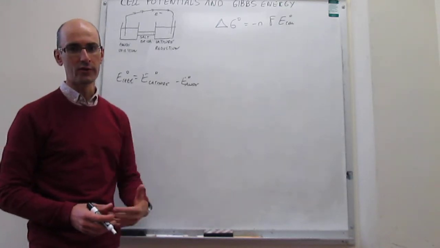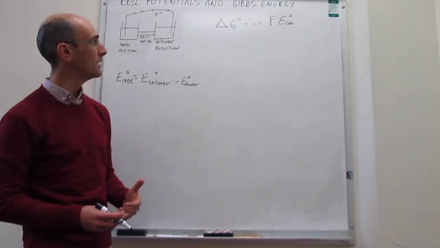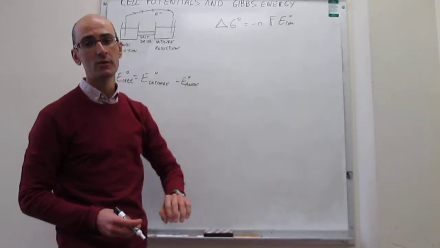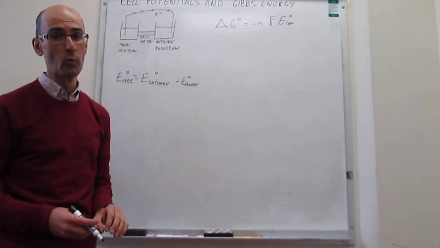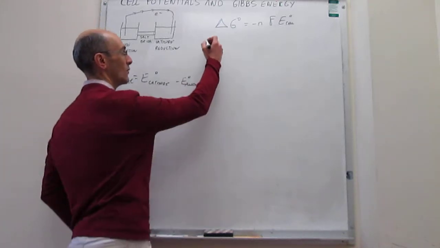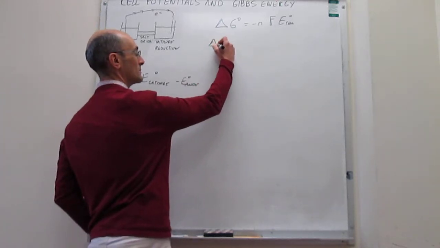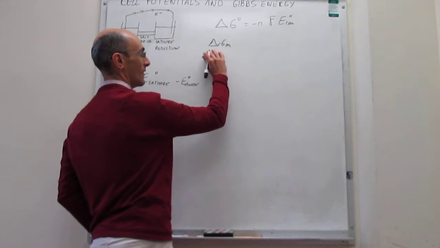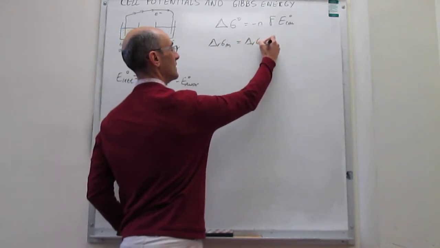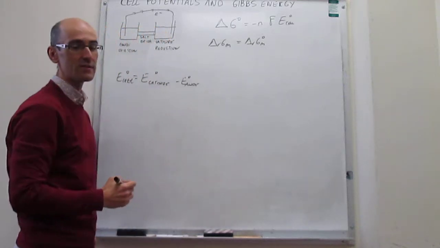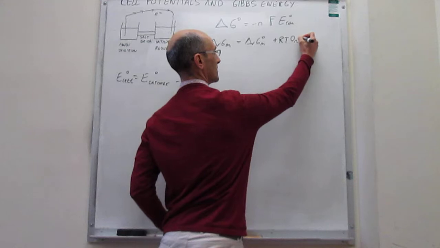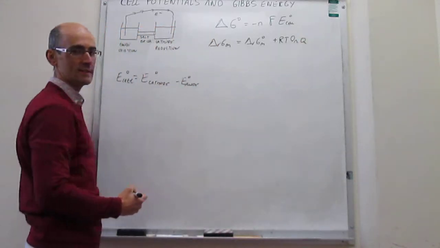To see how the Nernst equation develops, we need to remember that this is very similar to something we did when looking at the Gibbs energy. If you want to calculate the Gibbs energy of a reaction under any conditions, it was given by the Gibbs energy of the reaction at the standard state plus a correction, which was RT natural log of the reaction quotient.